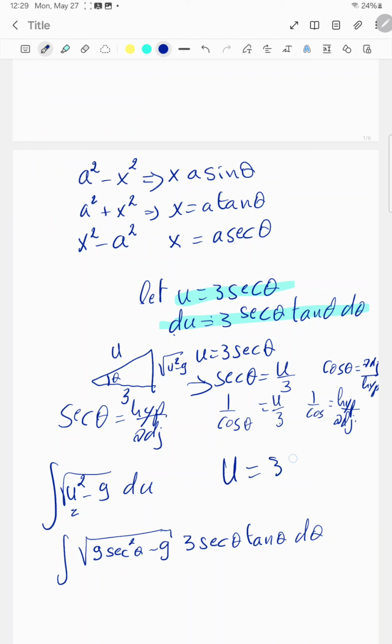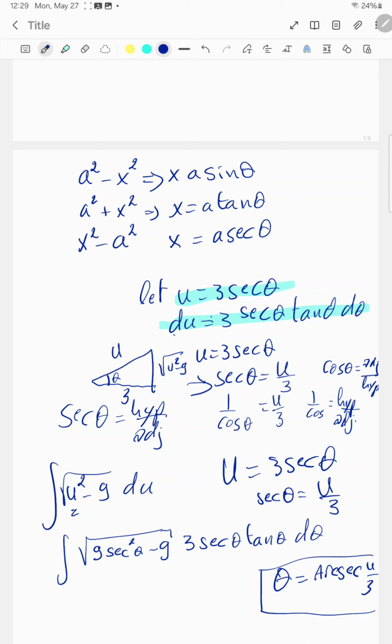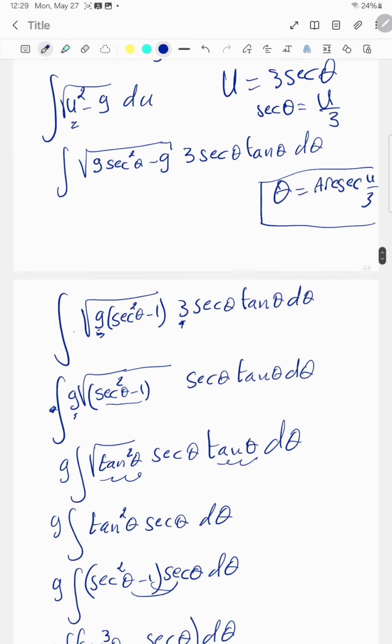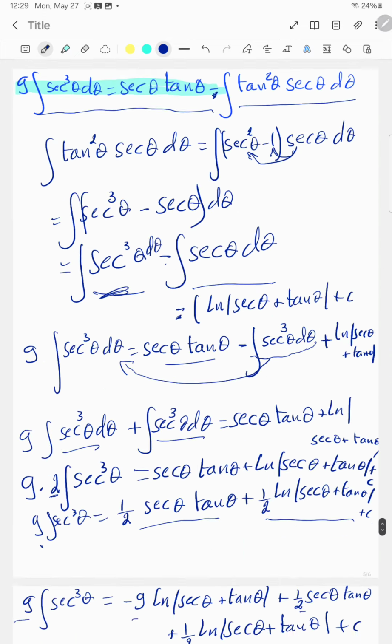Here we took u equal to 3 sec theta, then sec theta equals u divided by 3, and then theta is equal to arc sec, or sec minus 1, of u divided by 3. So all we have to do is replace theta by arc sec of u divided by 3, and that would be the final answer.